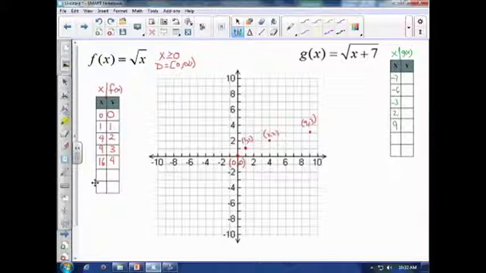I'm going to join them in a smooth curve, because it's going to continue to go up and over to the right in a smooth curve. So we're just going to join those points. And that is the graph of the square root function f of x equals the square root of x. It's really important that you can graph this from memory at any time.